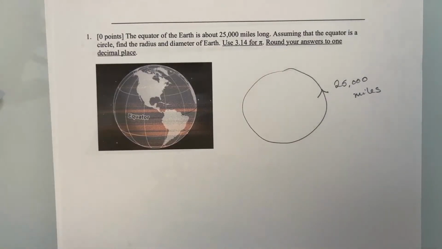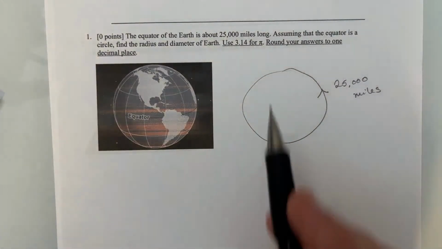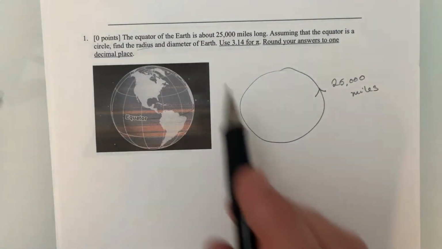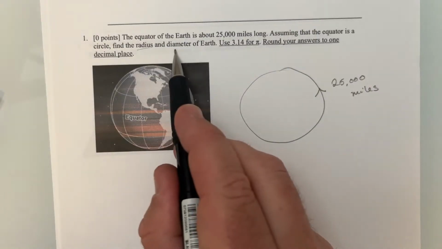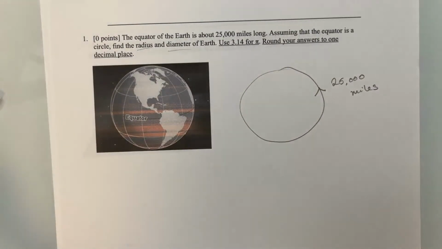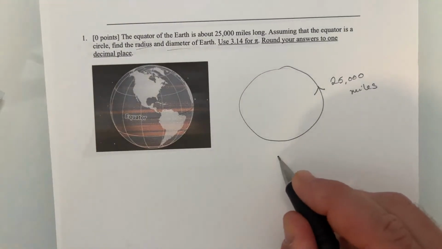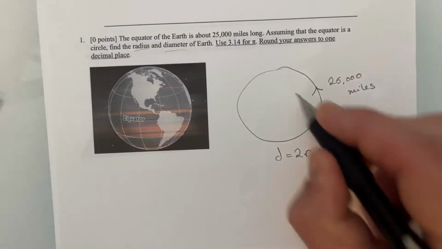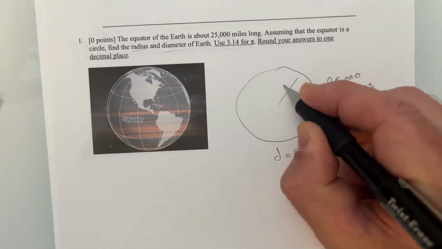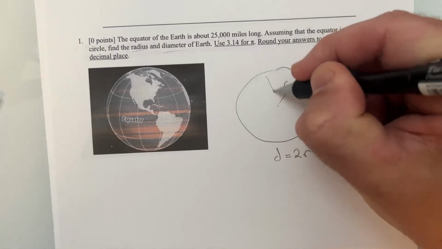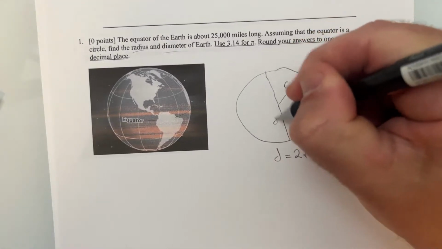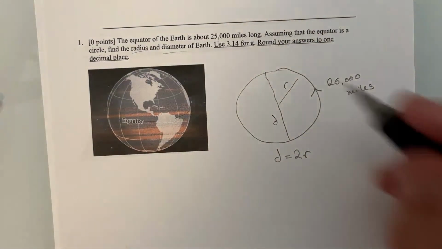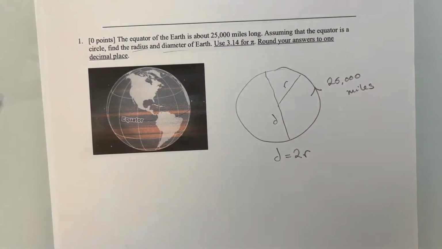And we're supposed to find the radius, and once we have radius, we can just double it. It's true that d, the diameter, is 2 times r. So this would be r, something like that, d. Okay, so radius and diameter.